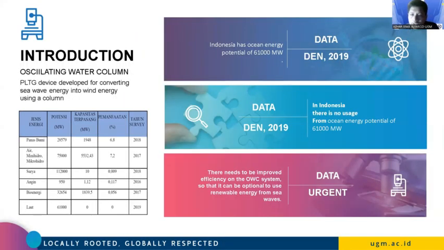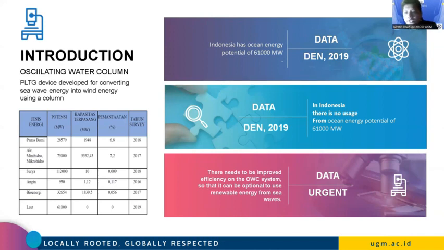For the introduction, oscillating water column is a device developed for converting sea wave energy into wind energy using a column. This wind energy can be converted into electrical energy with a directional turbine. According to the data of Dewan Energi Nasional 2019, Indonesia has a potential sea energy of 61,000 megawatt.